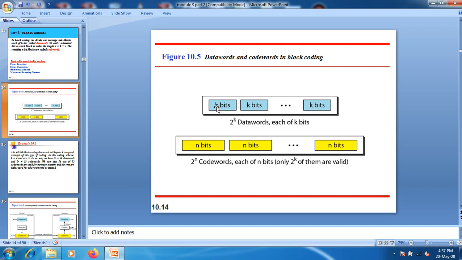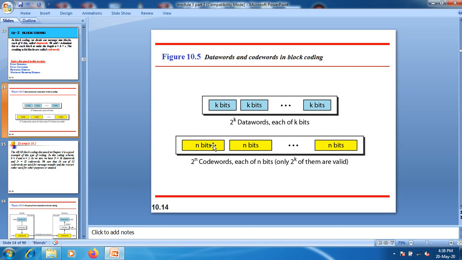Here, for example, the k value is 4 and the n value is 5. That is, I am adding one extra bit here, that is a redundant bit, so that we can generate the code words. With these 4 bits, we are generating around 16 different values, whereas with n bits, where n is equal to 5, that is k plus 1, that is 5 here, with these 5 bits you are generating around 32 different values.